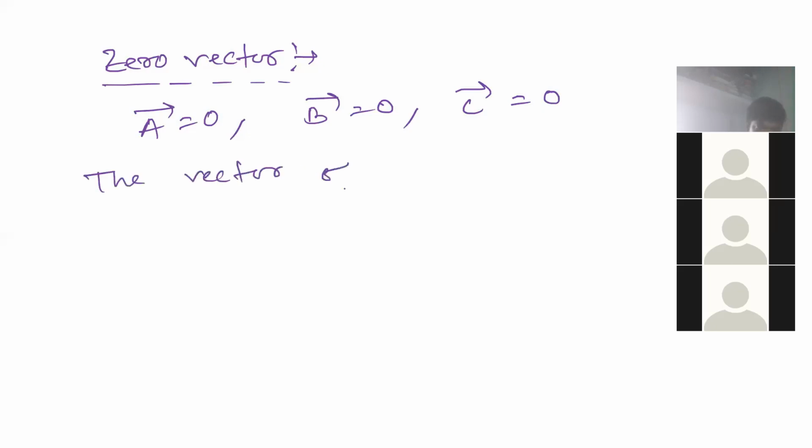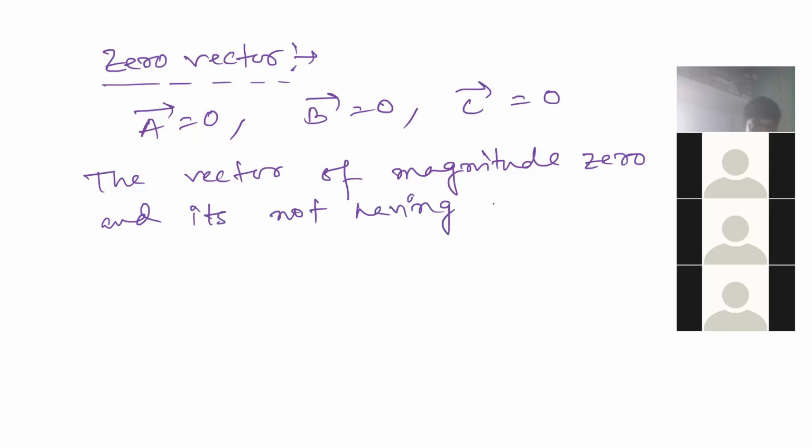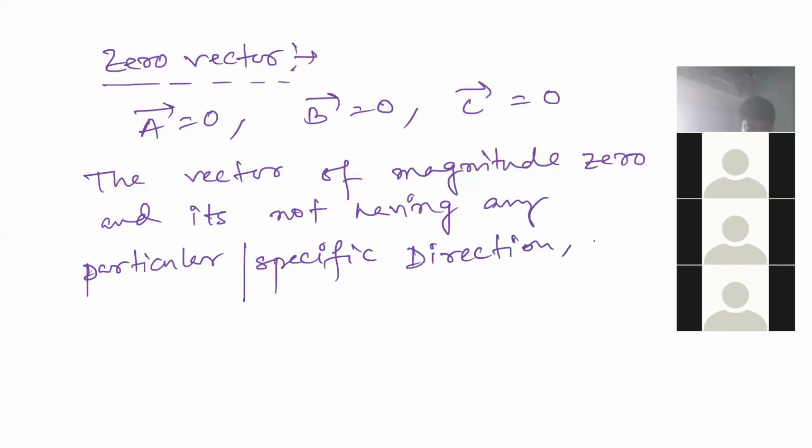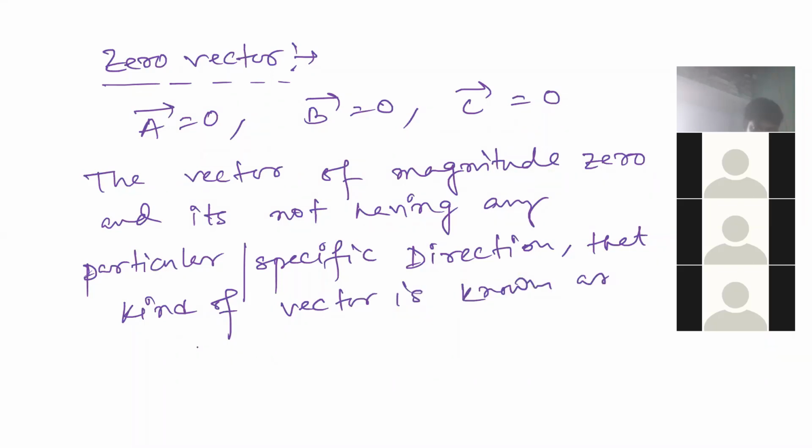The vector of magnitude 0 that is not having any particular or specific direction, that kind of vector is known as a zero vector.